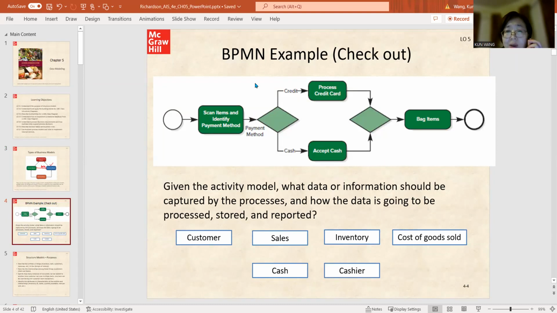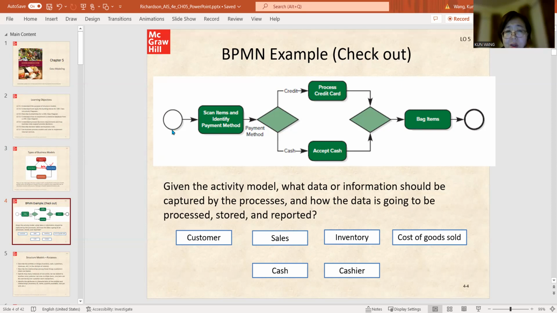Probably you can recall this is a simple BPMN model we talked about in chapter 4, like a checkout procedure. The customer checks out the items, makes payments, and then bags the items, or the cashier helps the customer scan the items and identify the payments.